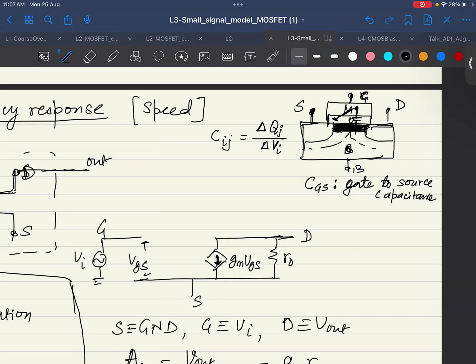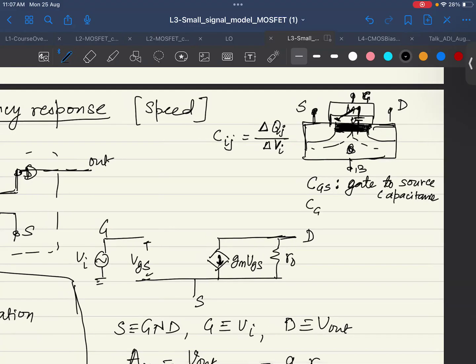And because of that, both CGS and CGD are going to appear from your device, right? And there's one more, which is obviously source to body.